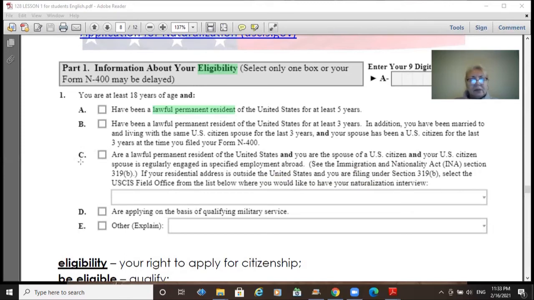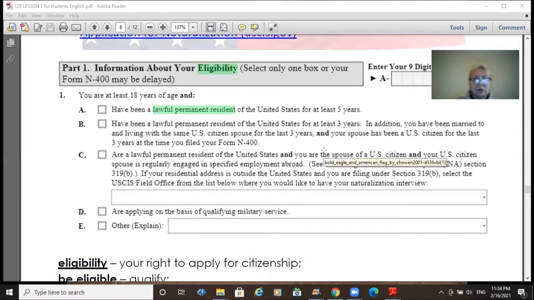And that's category C. Another one is category D for people who are eligible to become U.S. citizens because they serve in the U.S. military. And there are some other reasons, but the most common one is A or B.